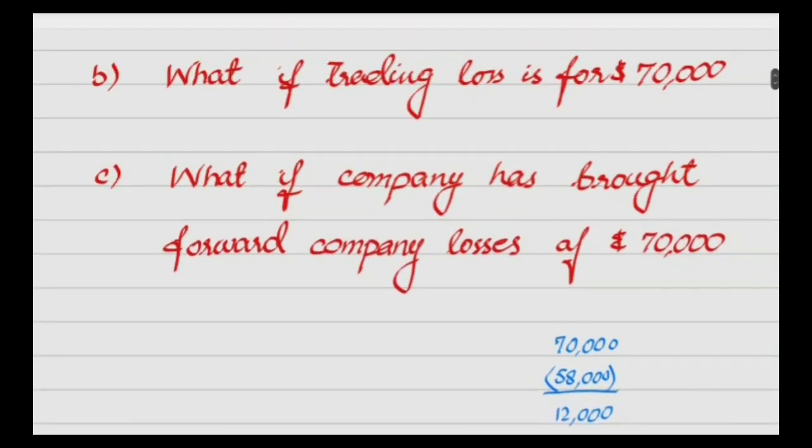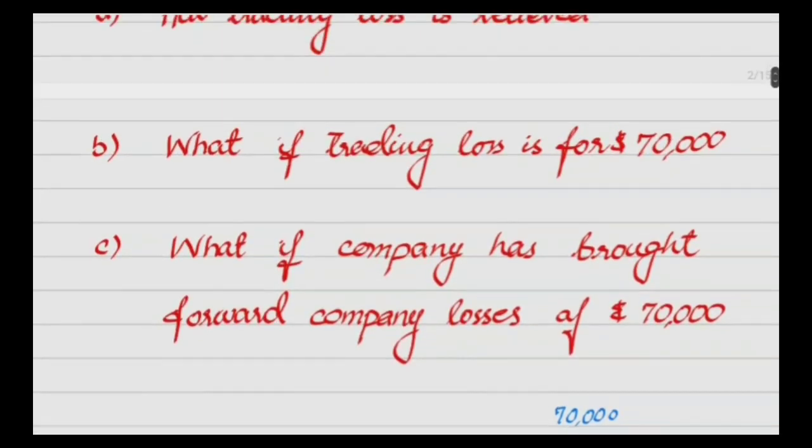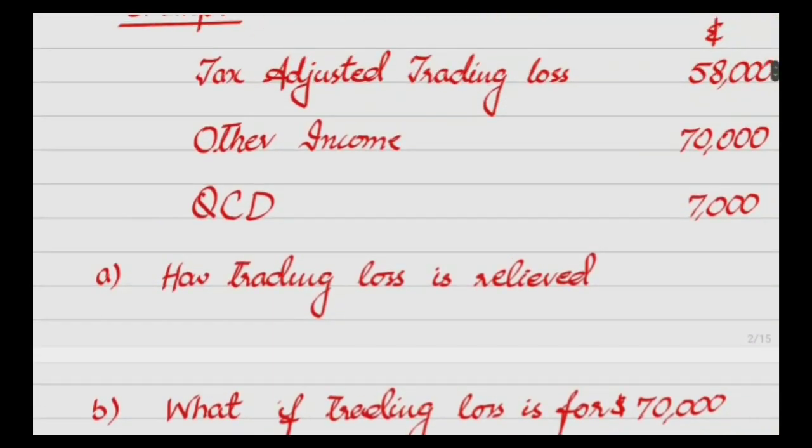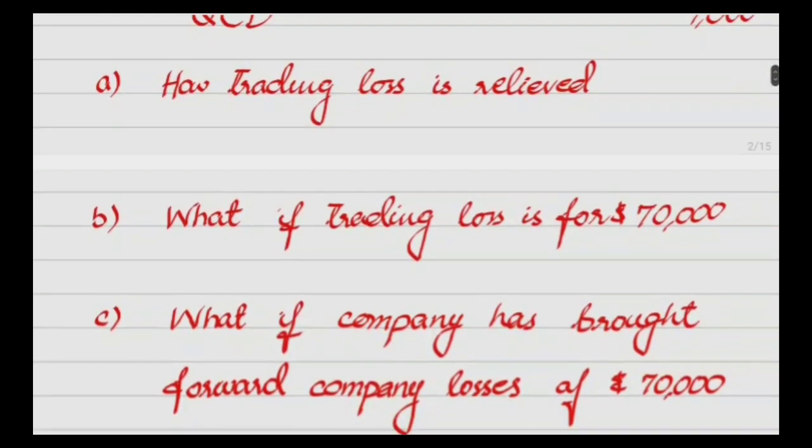Now the remaining total profit available is 12,000. Out of this you deduct the 7,000 of QCD, and your total profit will now be 5,000. This is in accordance with the first situation of how loss is relieved. Our other income will set off the trading loss. The remaining income will be 12,000, and this 12,000 is reduced by 7,000 of QCD.